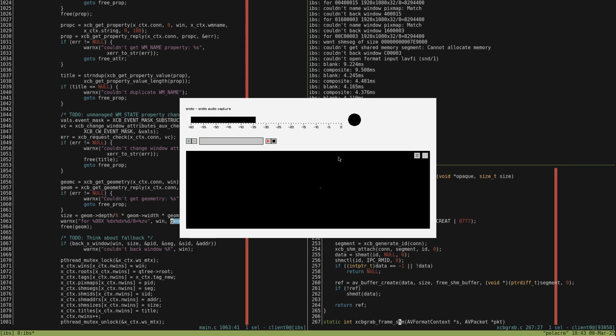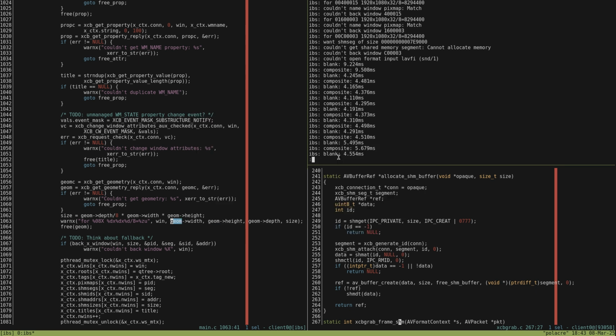Couldn't name window pixmap. I'm very confused. Why can't we allocate that memory?